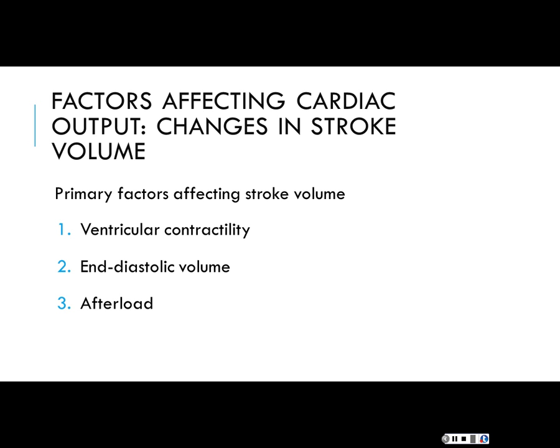To add on to that, they're going to open the valves to go to the systemic or the pulmonary circuit. But once the blood gets pushed out, it's over there. Right? So it's at risk of doing what? Flowing backwards. And so not only does the ventricle have to generate enough pressure to get the blood out, it's got to generate enough blood pressure to make sure it keeps going in that direction. Does that make sense?